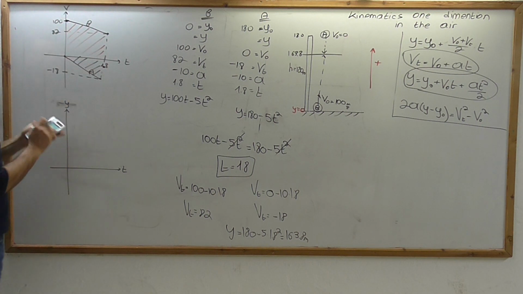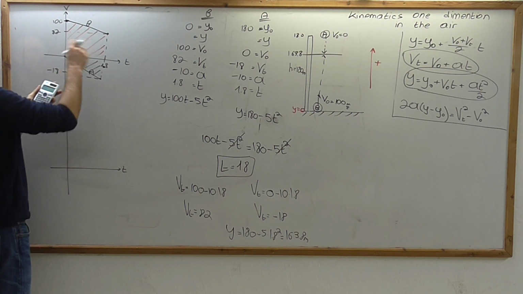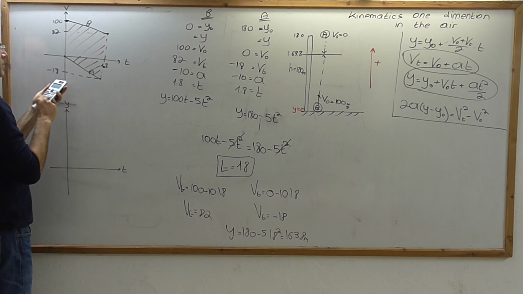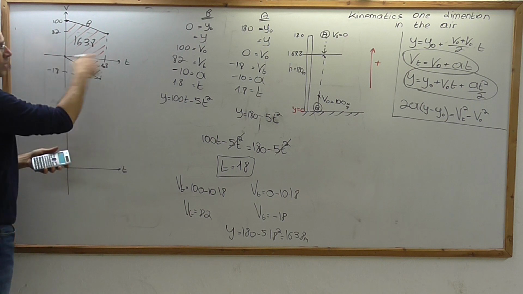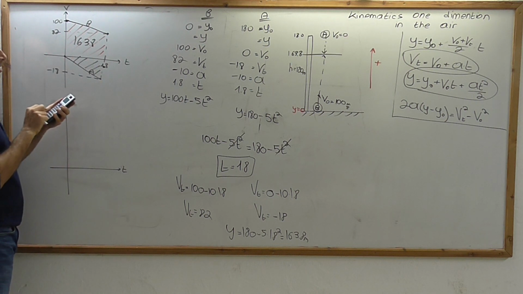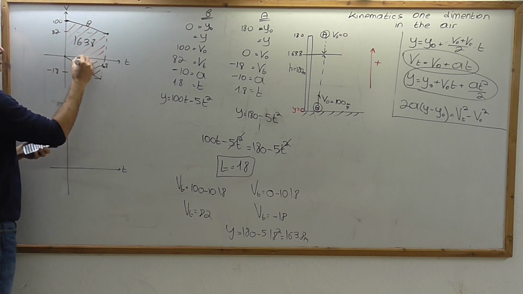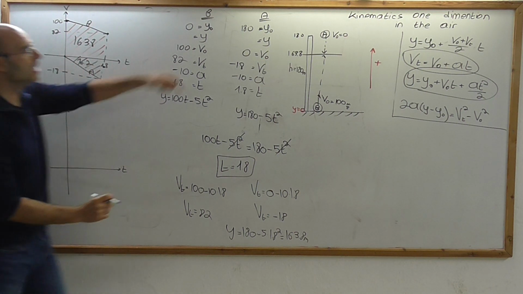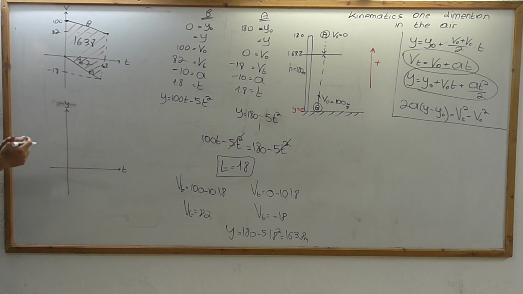It's a trapezoid. 100 plus 82 multiplied by 1.8 divided by 2, 163.8. If I calculate this triangle, I'll get 18 multiplied by 1.8 divided by 2, 16.2. This is exactly what happened. It went down 16.2, it went up 163.8, and then they met.